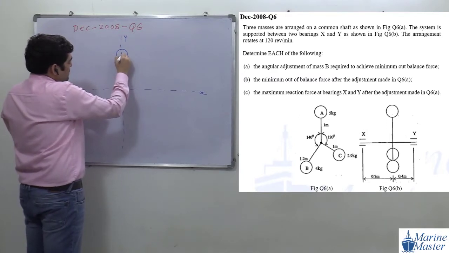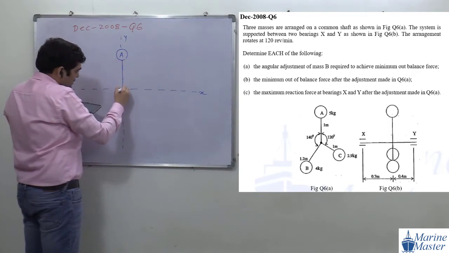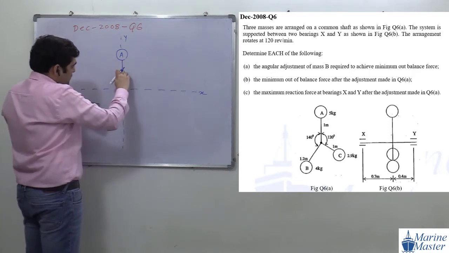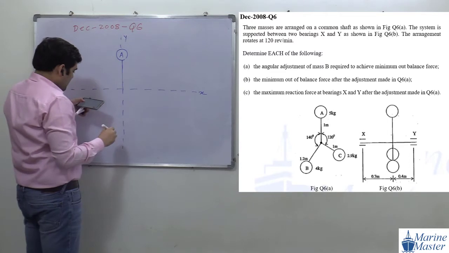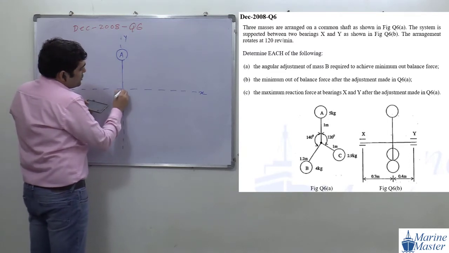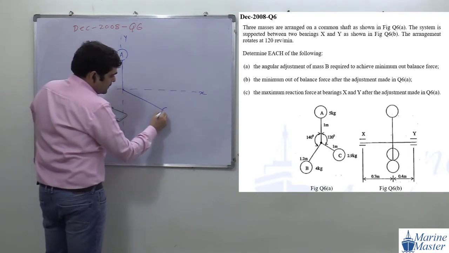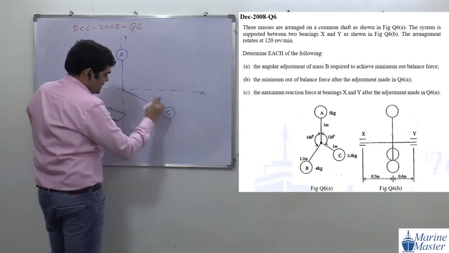This is our A. Then we have C at an angle of 120 degrees. This is mass C.